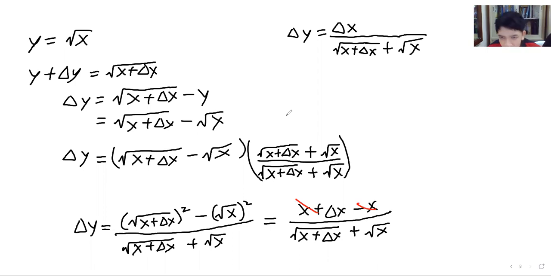Despite what you see, there's no common factor of delta x, we must still divide this by delta x so we can do the derivative.